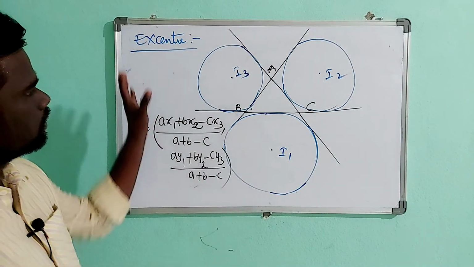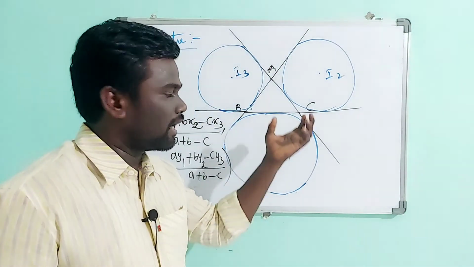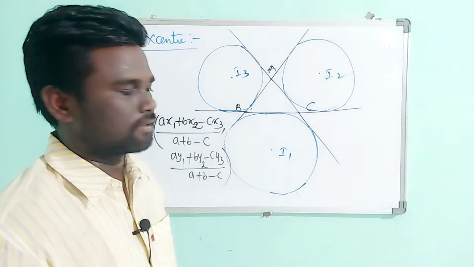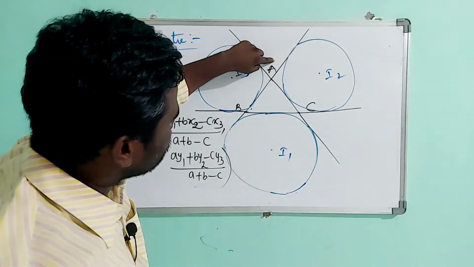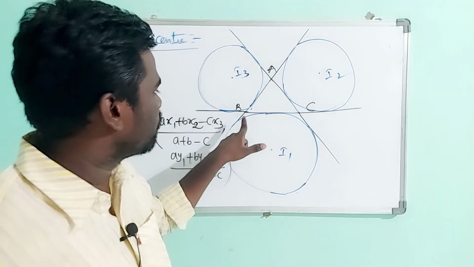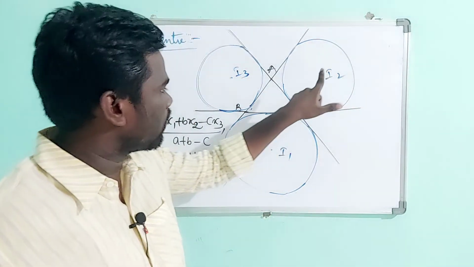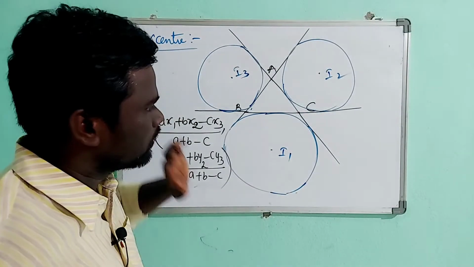So these are all three excircles and their excentres: opposite to the vertex A is Excentre 1, opposite to the vertex B is Excentre 2, and opposite to the vertex C is Excentre 3.